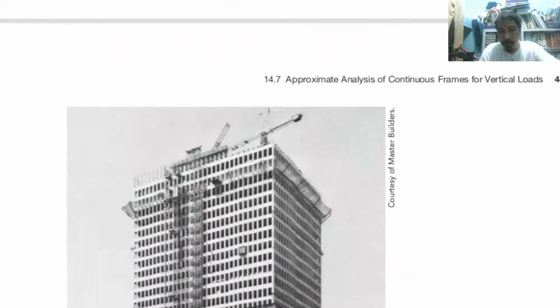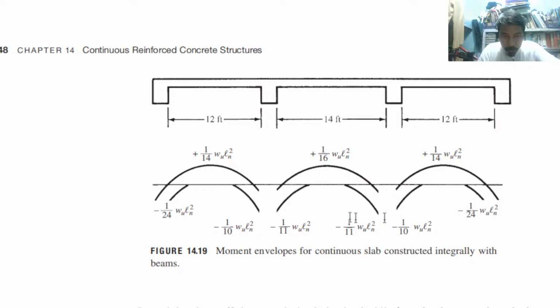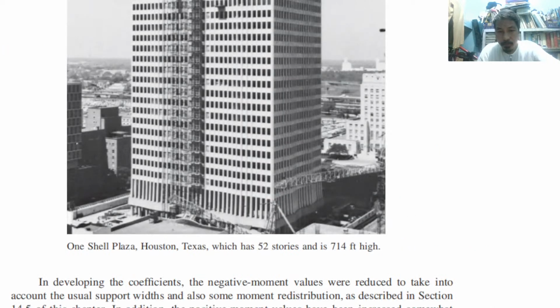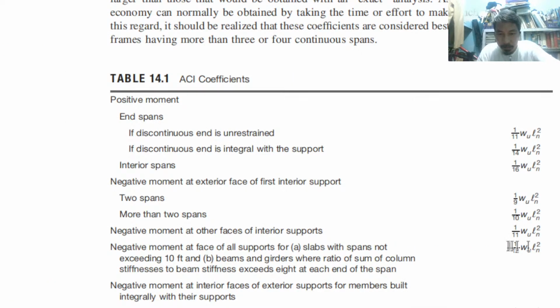Take a look. This is 1 over 11 because it is other faces. This is 1 over 10 because this is exterior face of first interior support. Do you follow? Okay, do you follow?